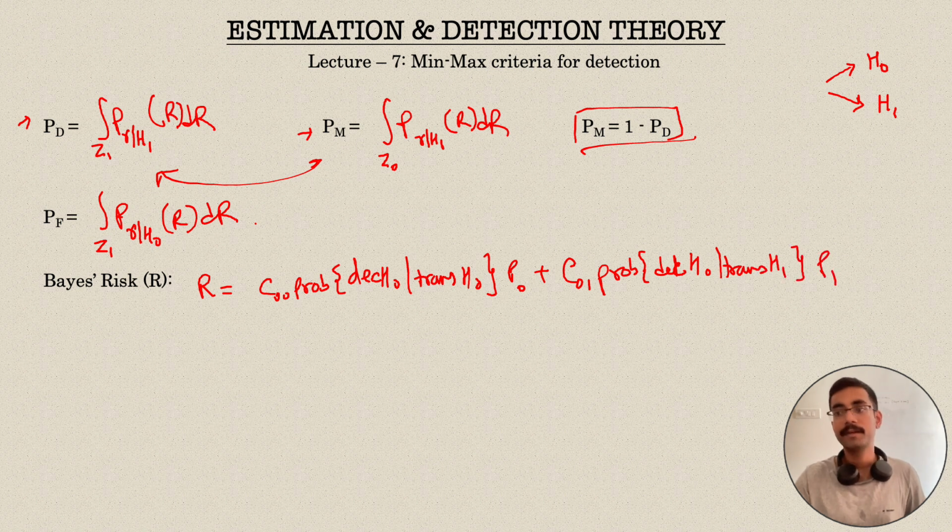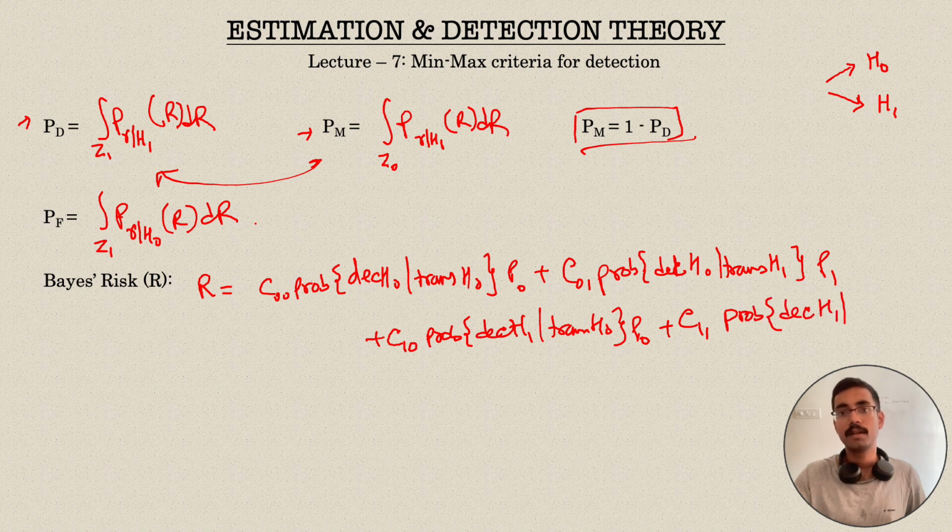These are the priors, okay, plus C10 probability of detected H1 given transmitted H0, P0, plus C11 probability of detected H1 given transmitted H1, P1. Okay, so this is the Bayes risk that we have.